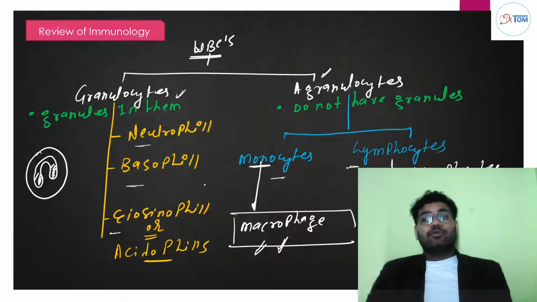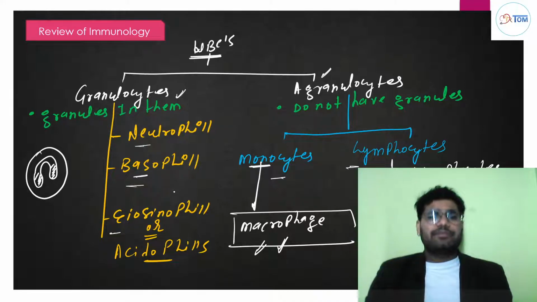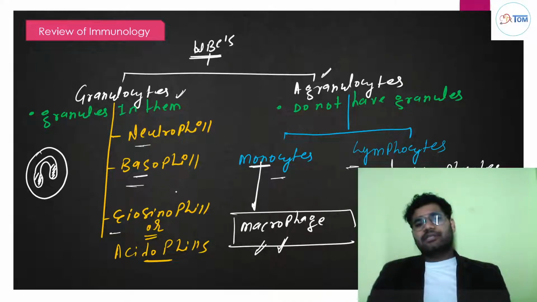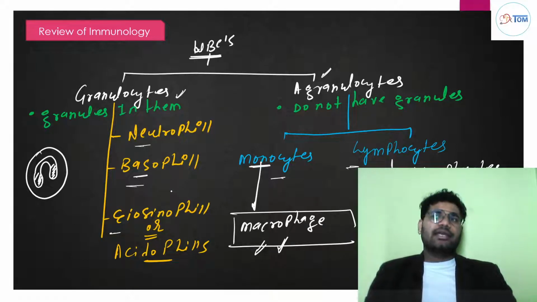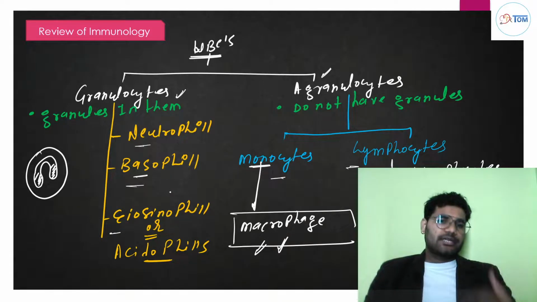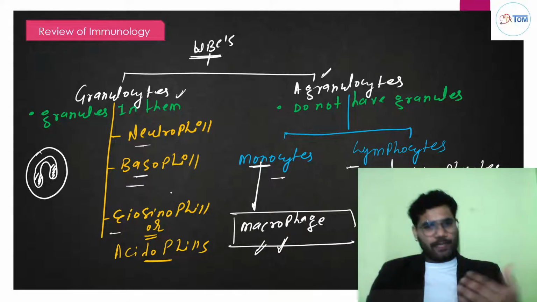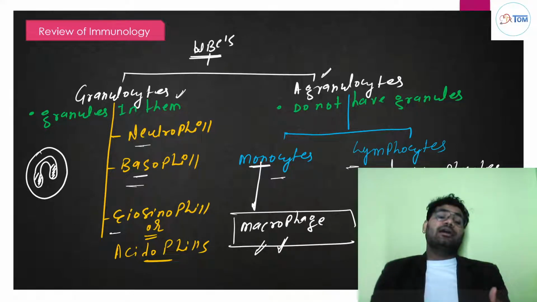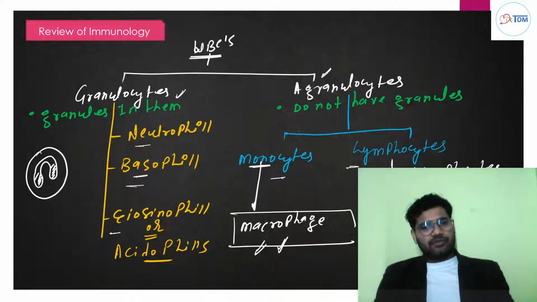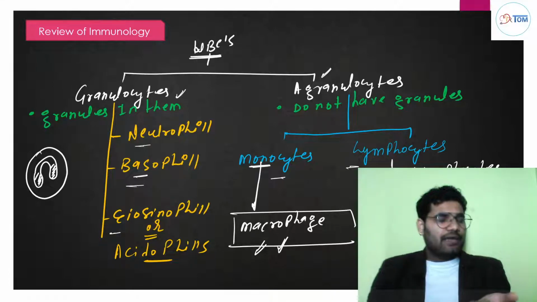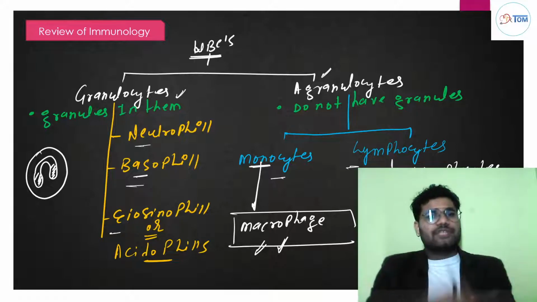One more name you may have heard is mast cells. What are mast cells? Mast cells are nothing but basophils. Some scientists consider that basophils and mast cells are different things. But for our discussion, basophils are the cells circulating in the blood, and mast cells are the tissue basophils. So the cells in the circulation are basophils, and when the same basophil comes into the tissue, it transforms into a mast cell.